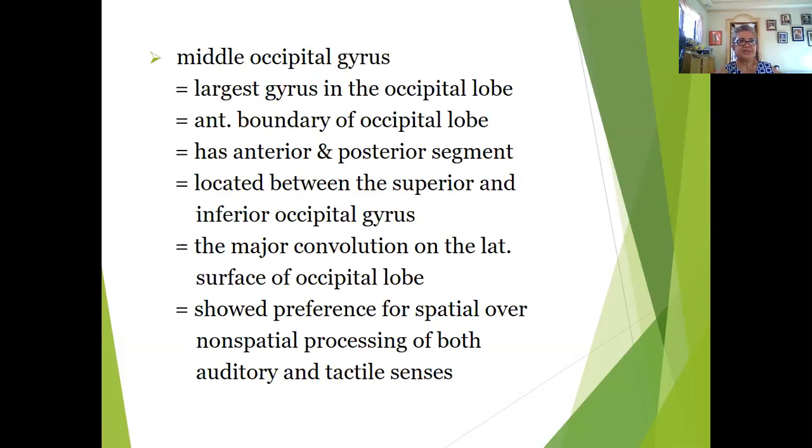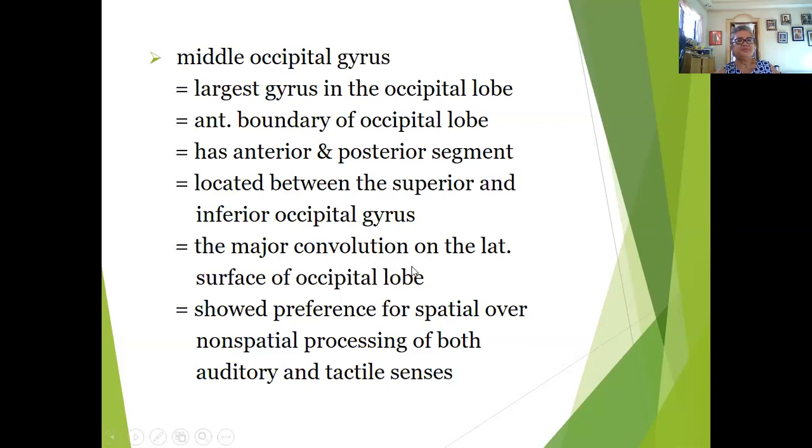The middle occipital gyrus is the largest gyrus in the occipital lobe. It has an anterior and a posterior segment, and this is located between the superior and inferior occipital gyrus.